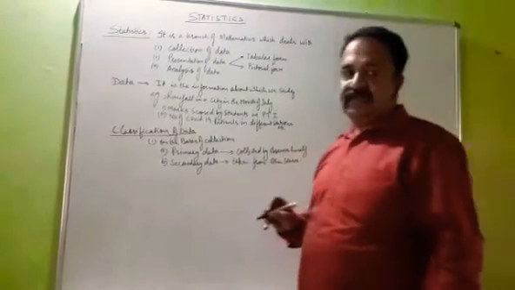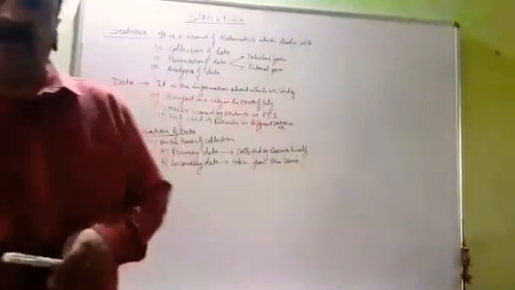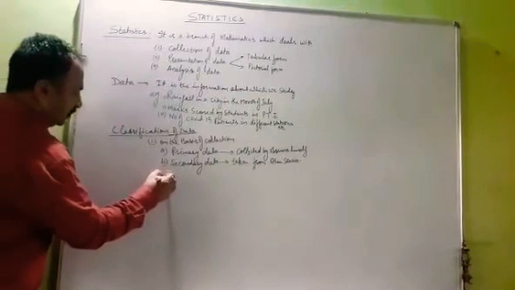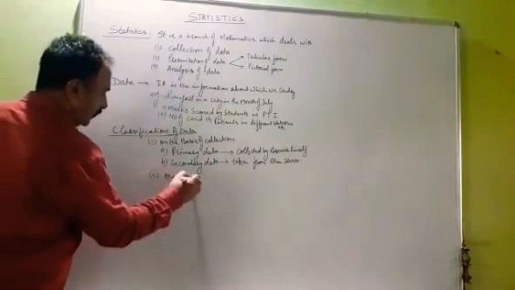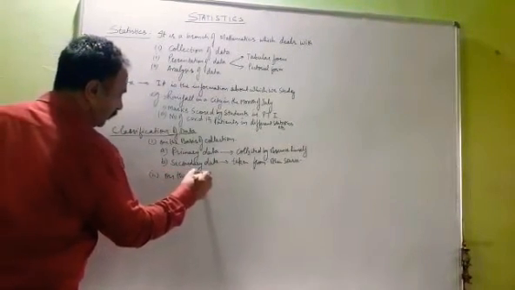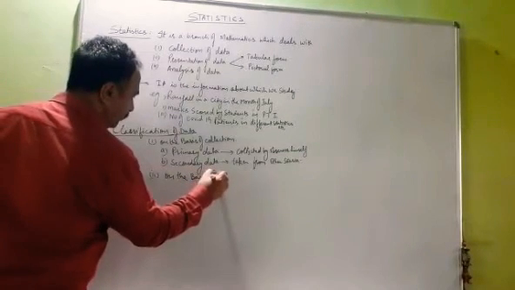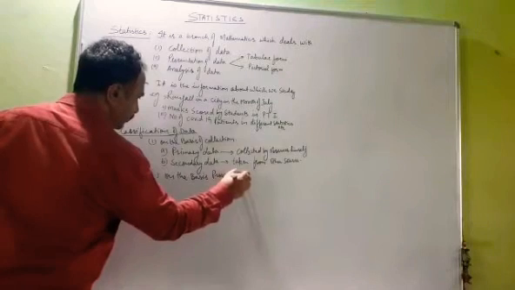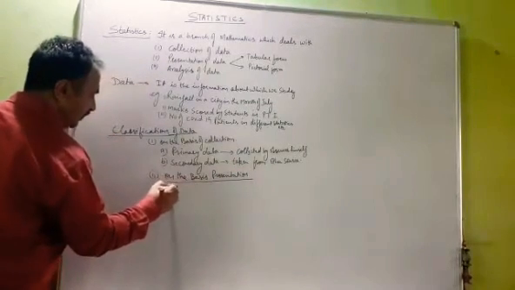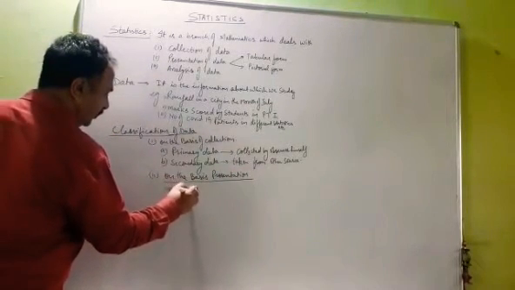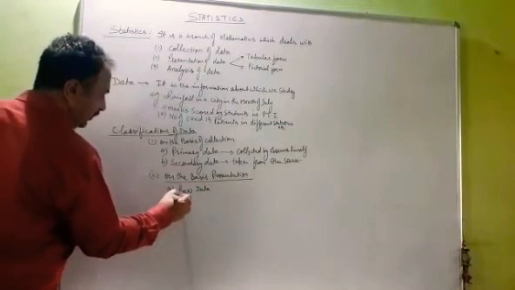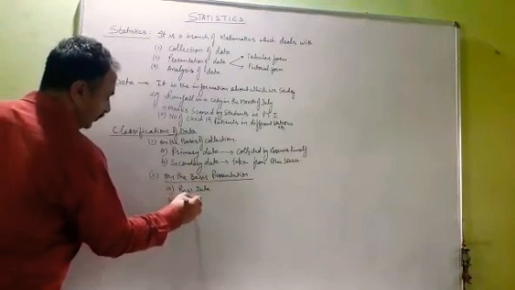Now, there is another classification on the basis of presentation. The first one is raw data and the second one is arranged data.